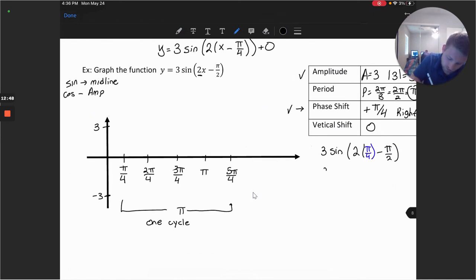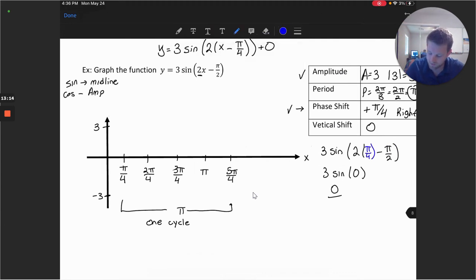This would be 3 sine. This is 2 pi fourths minus pi fourths. That would be really just a 0 inside the sine function. And we know that sine of 0 is always going to give 0. So at x equals pi over 4, we're going to be equal to 0.